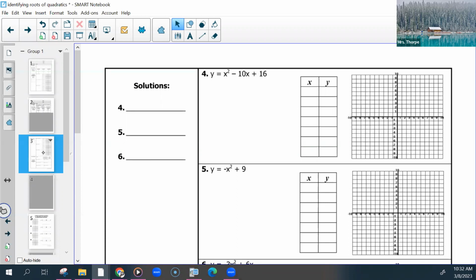Five, and then algebraically, in the graph, or in the table. In the graph, okay.